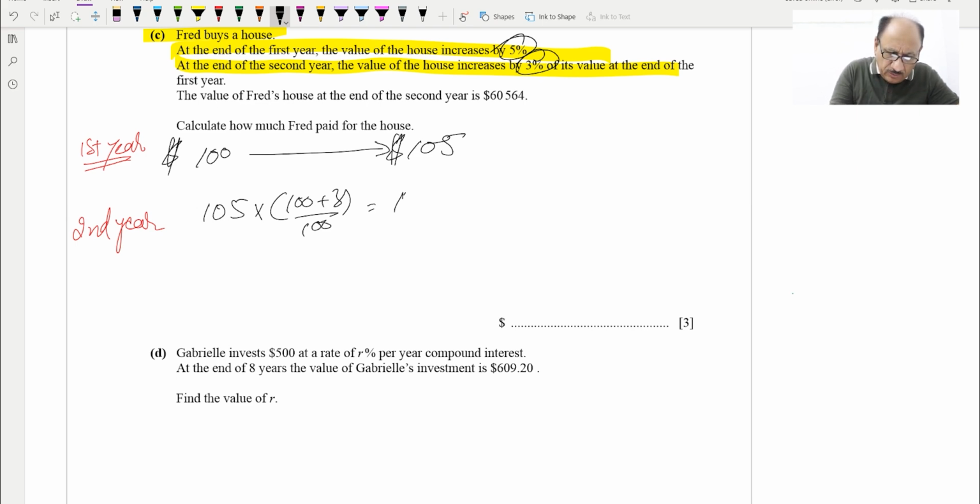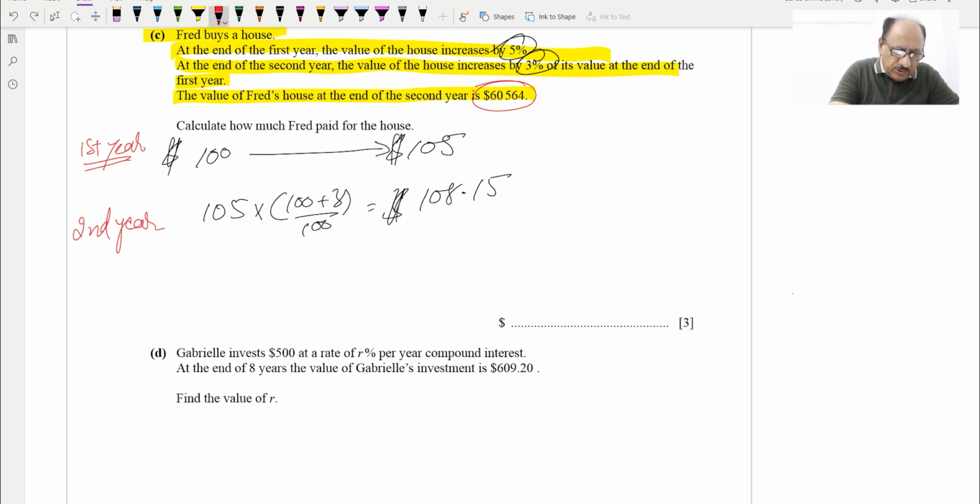So $100 will become 108.15. Then the next part of the question asks for the value of Fred's house at the end of the second year, which is this amount.